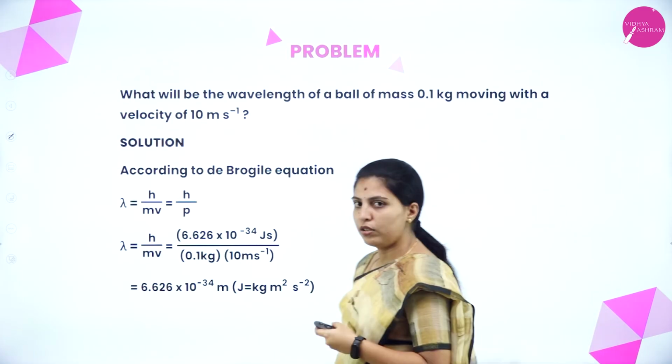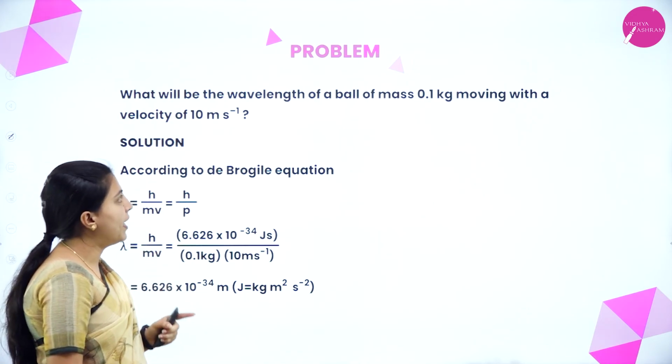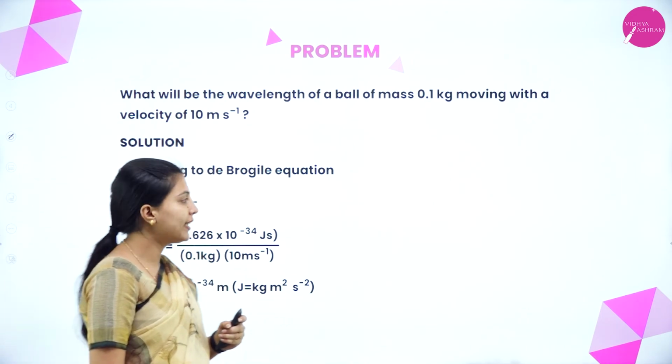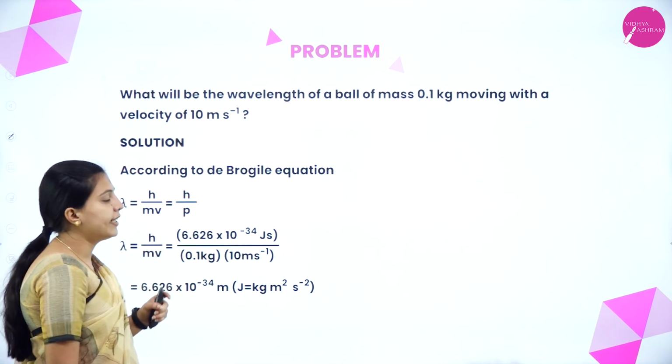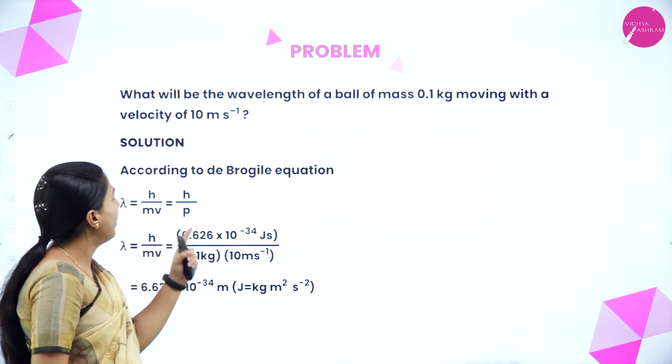Next, we will see two to three problems here. What will be the wavelength of a ball of mass 0.1 kg moving with a velocity of 10 meter per second? Here we have to find out wavelength.